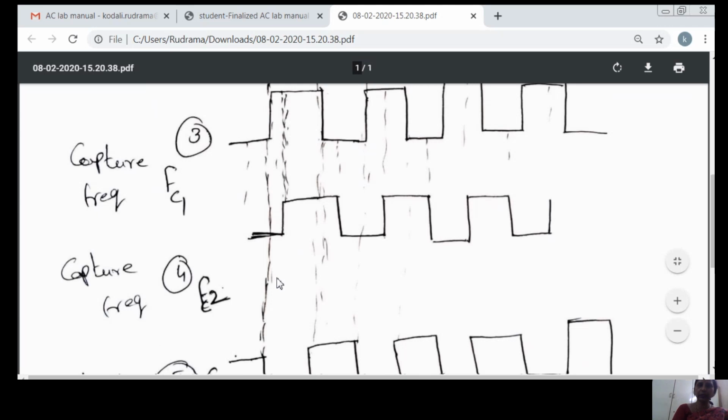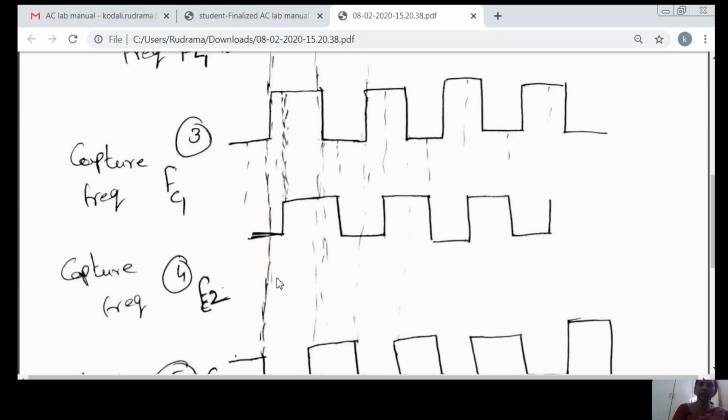When there is a small variation of phase change, note down that particular frequency. It should be a very narrow difference of frequencies between FC1 and FC2. So slightly vary the input frequency, just to vary the phase, a small change in the phase error. Then stop there and note down the capture frequency FC2.